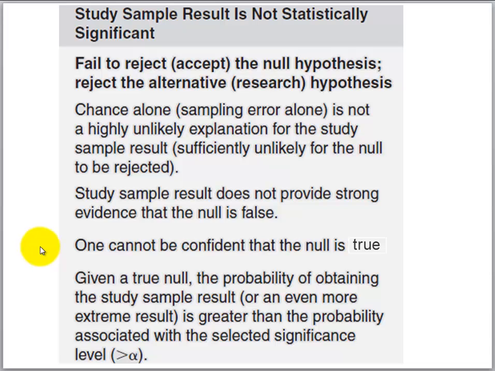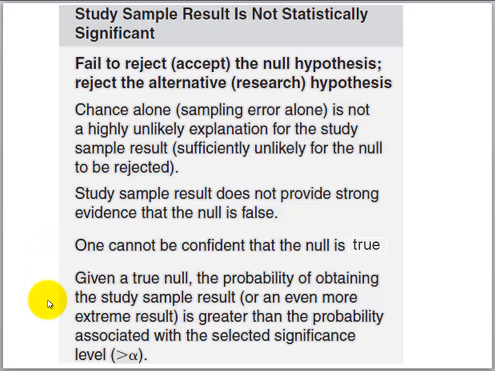The prior statement conveys that, your confidence. You don't have confidence that it's false. You don't have strong evidence that it's false. That's not the same thing as saying that you can be confident that it is true. You just don't have evidence that it's false.